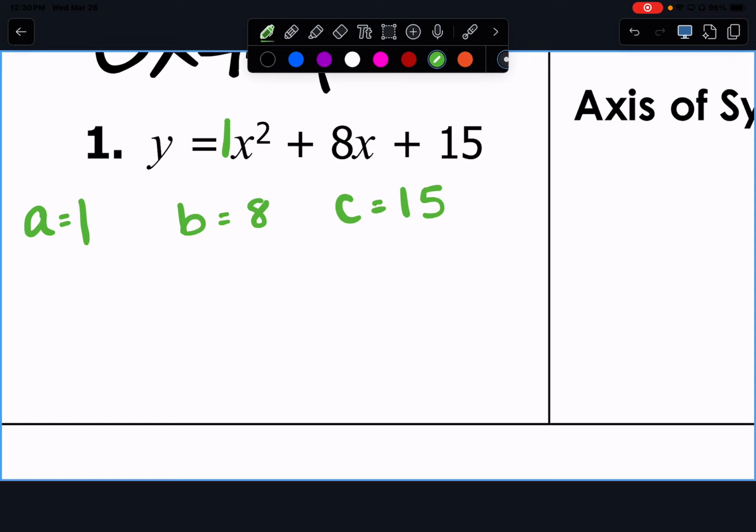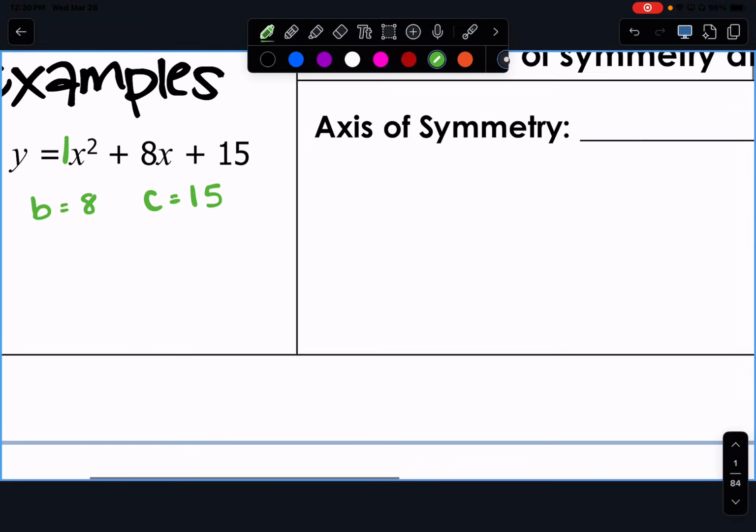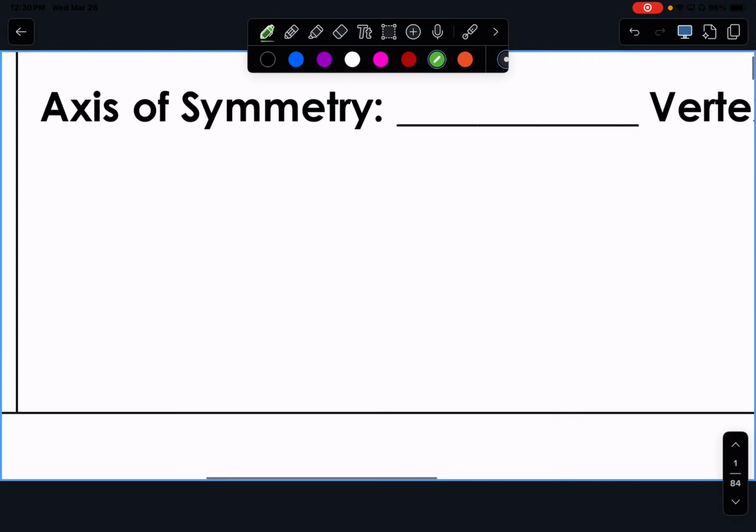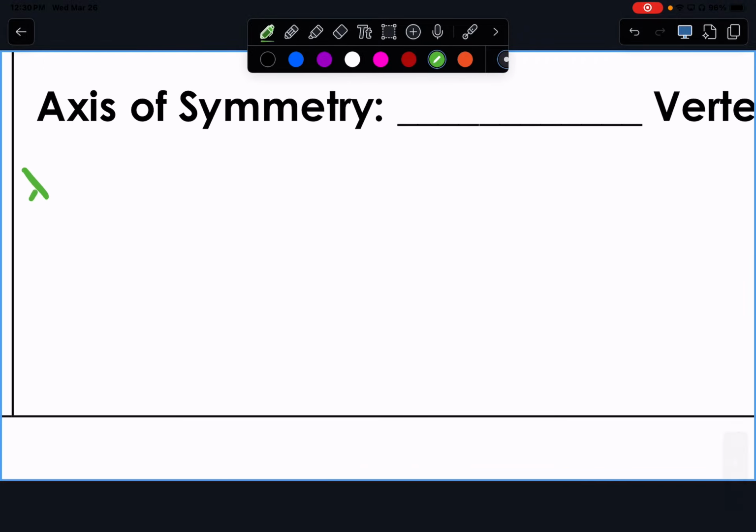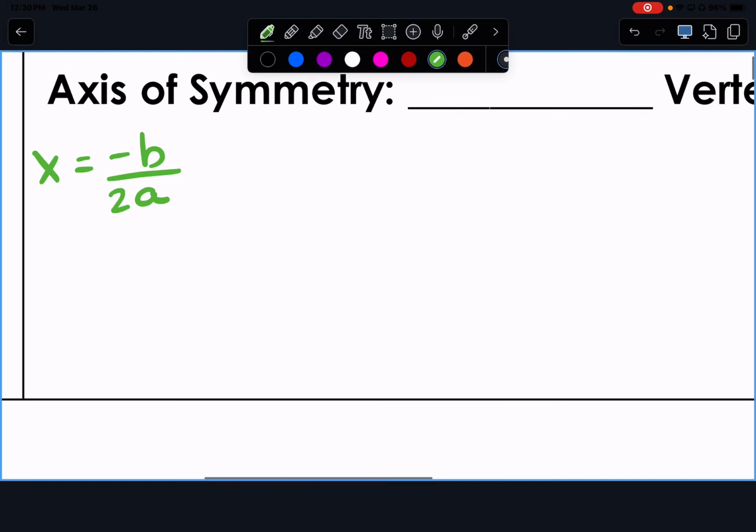15. Okay. Now, for axis of symmetry, the formula to do that was x is equal to negative b over 2a. So I have to plug into that formula. We're going to do x is equal to negative parentheses. When you plug in, use a parentheses every single time.